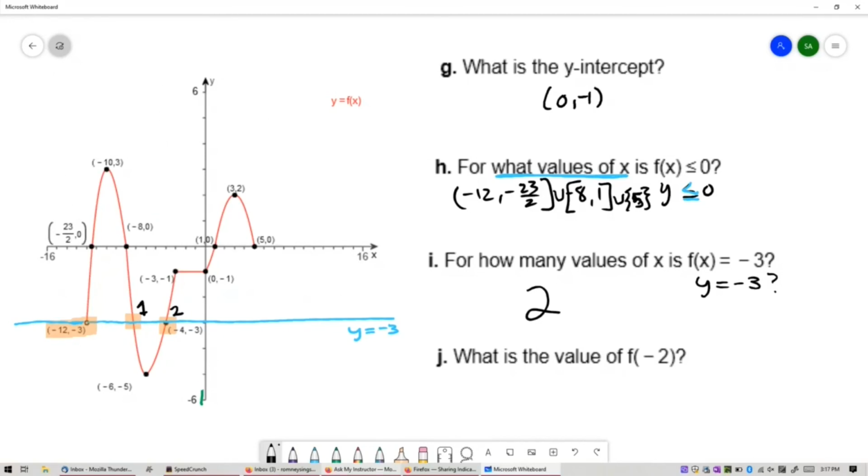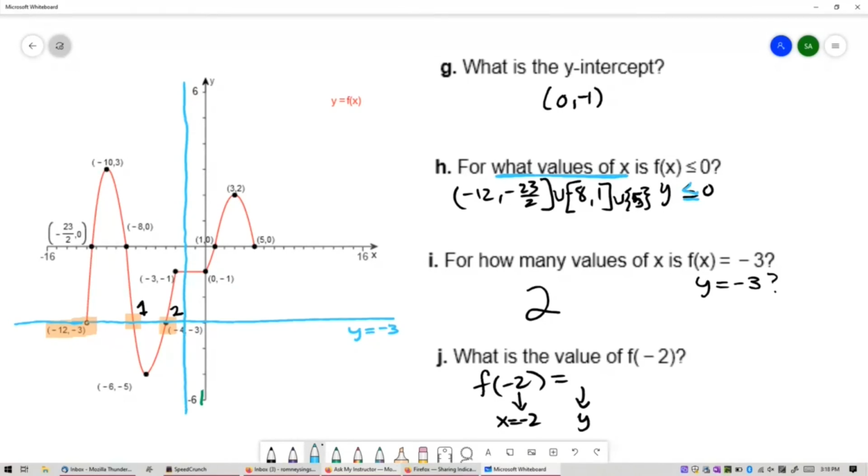Our final part says, what is the value of f of negative 2? So that notation, f of negative 2, tells me that x is equal to negative 2. F of negative 2 is the y part. And so I'm looking for an ordered pair on this graph that has an x of negative 2. So I'm going to draw a vertical line at x equal negative 2.